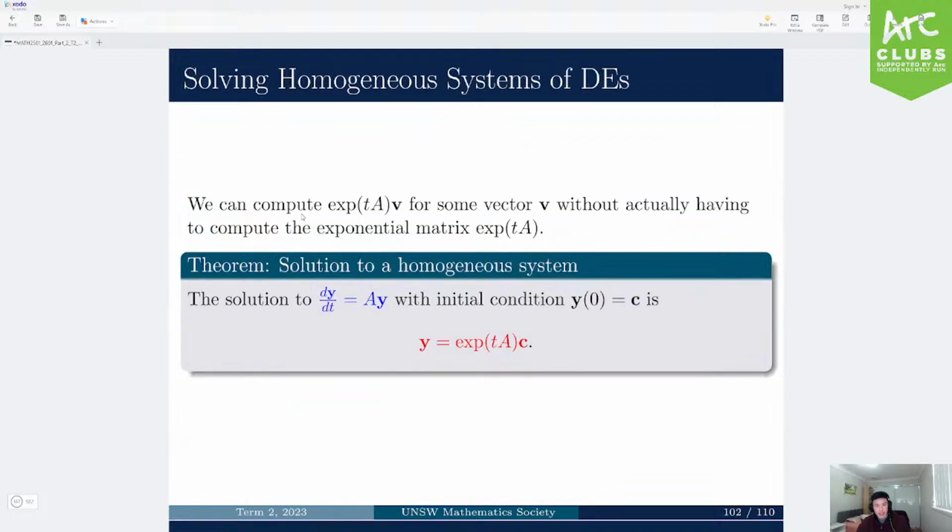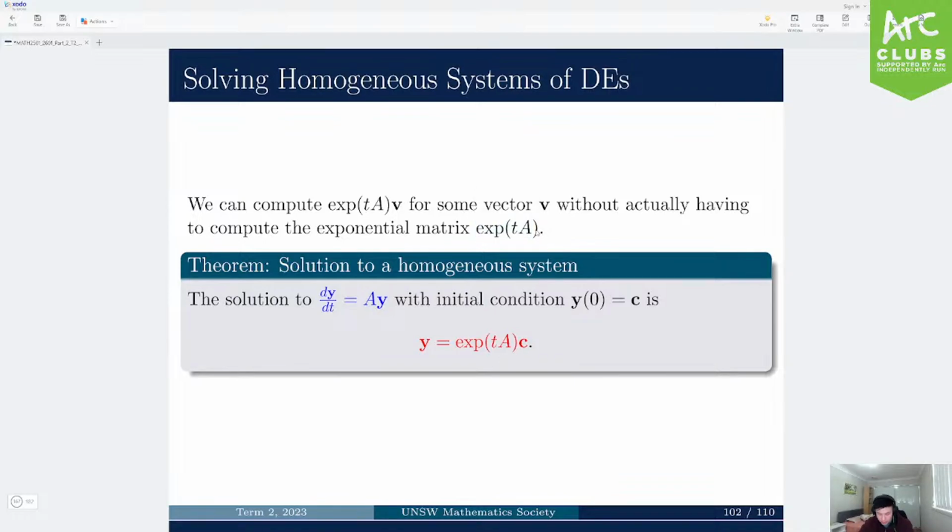Alright, now we look at matrix exponentials for mainly one reason, essentially, and that's to solve systems of differential equations, right? We can actually compute exp of tA times v for some vector v without actually having to compute the exponential matrix exp of tA.